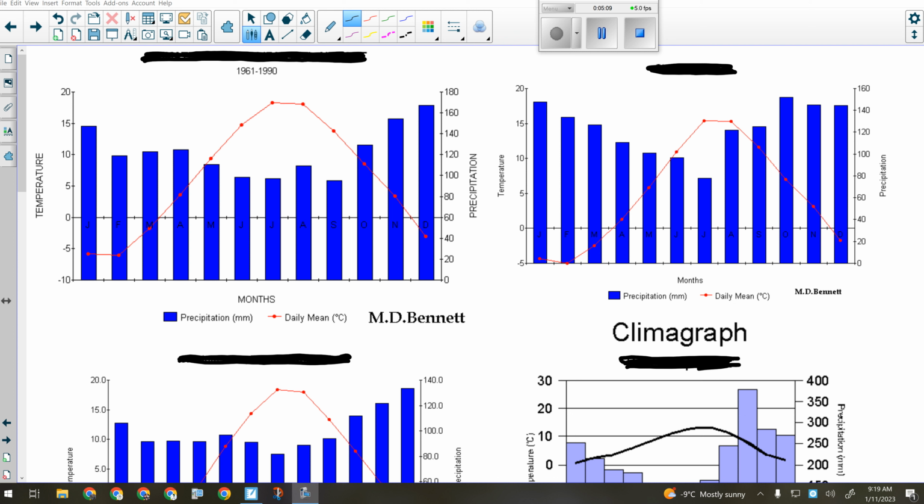But I've scribbled out the names. So if I'm just looking at them, let's say the first two here, are they fairly similar? Just at first glance, they have a very similar shape, right? Upon closer inspection, if I look at the actual numbers, in this first one, at the temperature line, in January it's about -6 degrees, and on this one, in January, it's about -4 degrees.